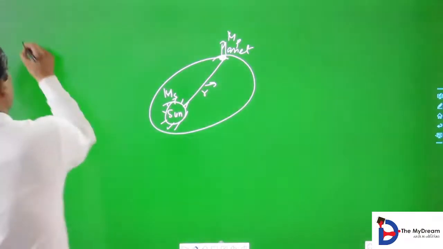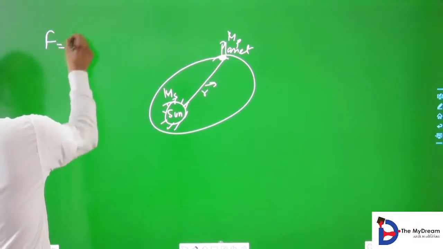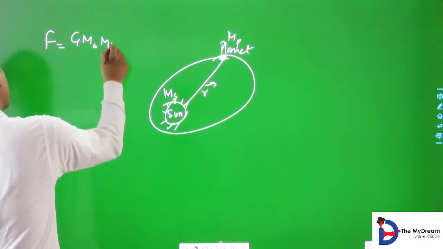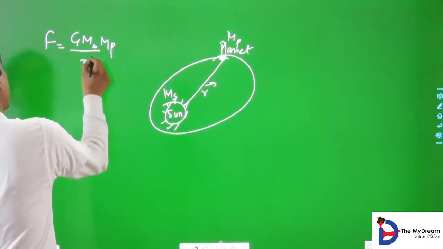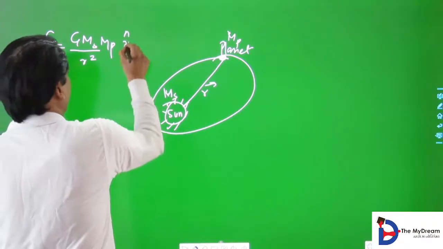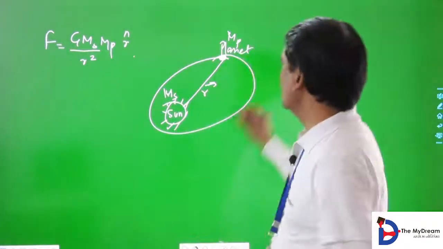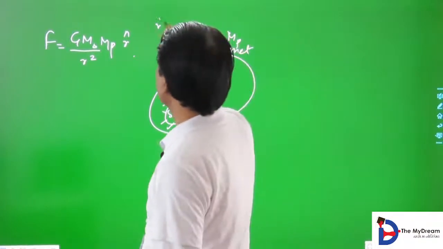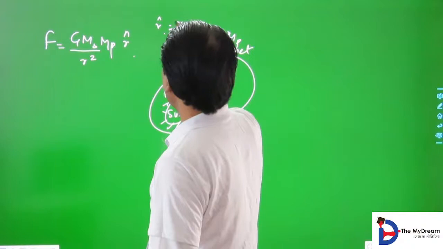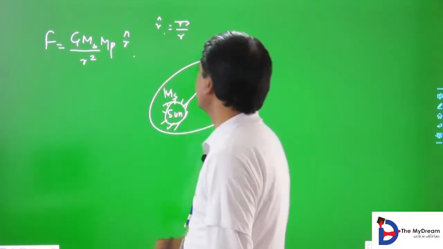Then, according to Newton's law of gravitation, the gravitational force is directly proportional to the product of their masses. If it is multiplied by a unit vector, there is no effect. And you know the unit vector is equal to the position vector divided by its magnitude.